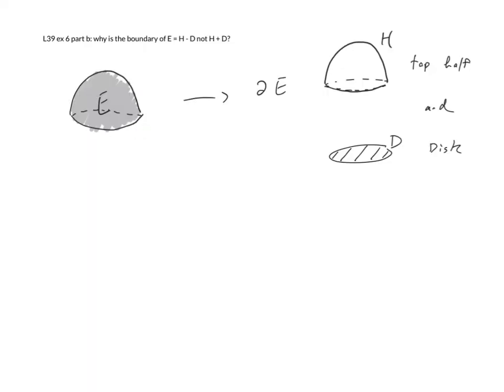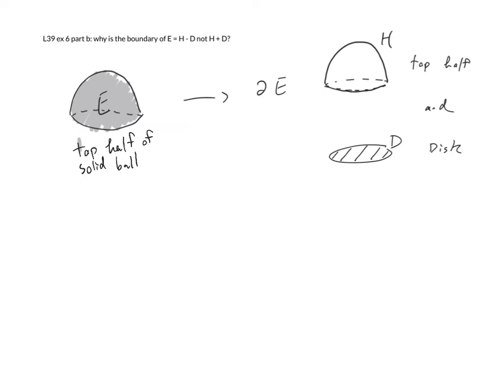Okay, quick transition. In lecture 39, example 6, part B, I had this set up, and the boundary of this region E was H minus D, and the question is why isn't it H plus D. So recall the boundary of E was the top half of a solid ball, roughly, or maybe the top half of a paraboloid, something like this.